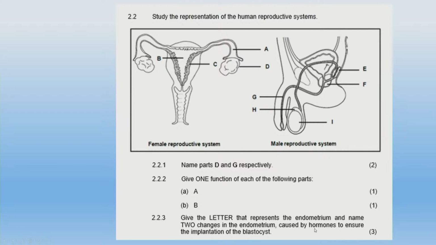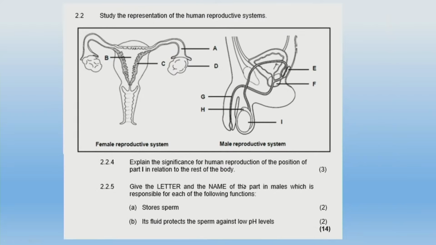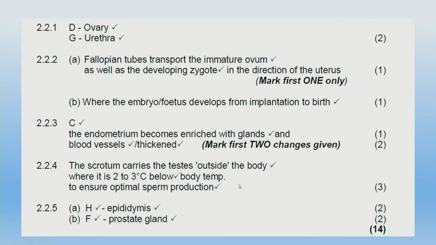Which are these hormones? It is estrogen and progesterone. So we want the two changes in the endometrium which are caused by estrogen and progesterone to ensure the implantation of the blastula or blastocyst. Let me show you how to answer this question.